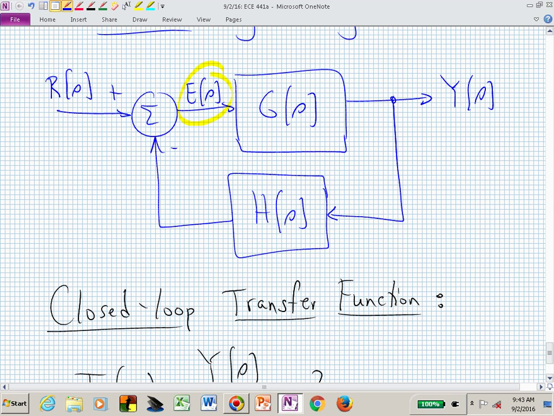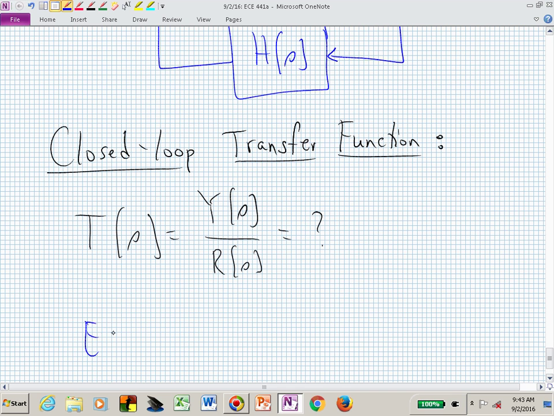And what's coming in from the bottom? It's a signal that's made up of H filtering Y. E, the output of our summing junction, is then R of S, a signal, minus H of S, Y of S.